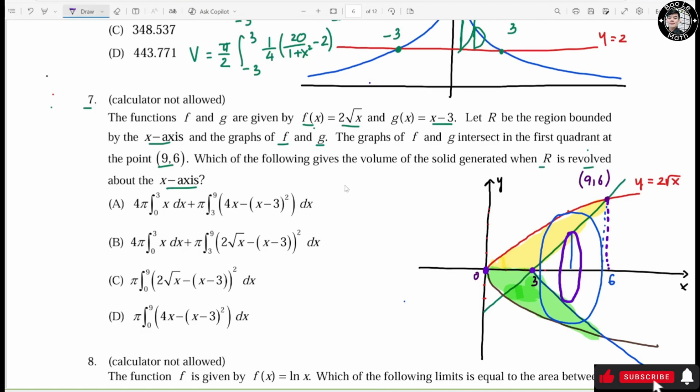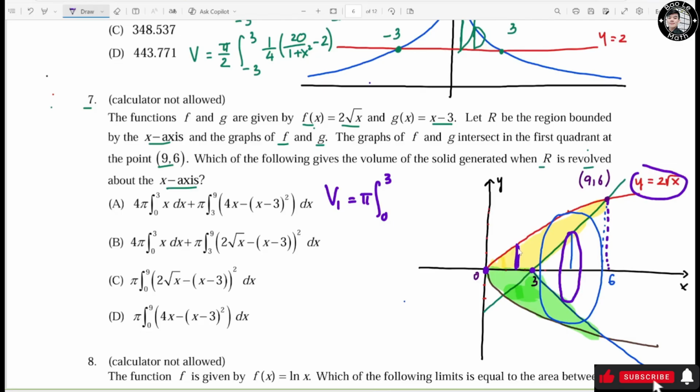So I need to calculate the volume using the disk method first. V1 equals pi times the integral from 0 to 3 of radius squared. The radius is the distance from the function y equals 2 square root of s to the x-axis.